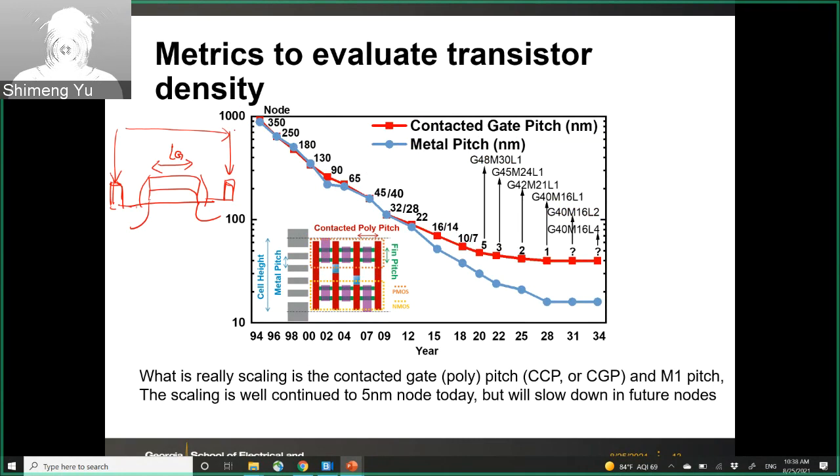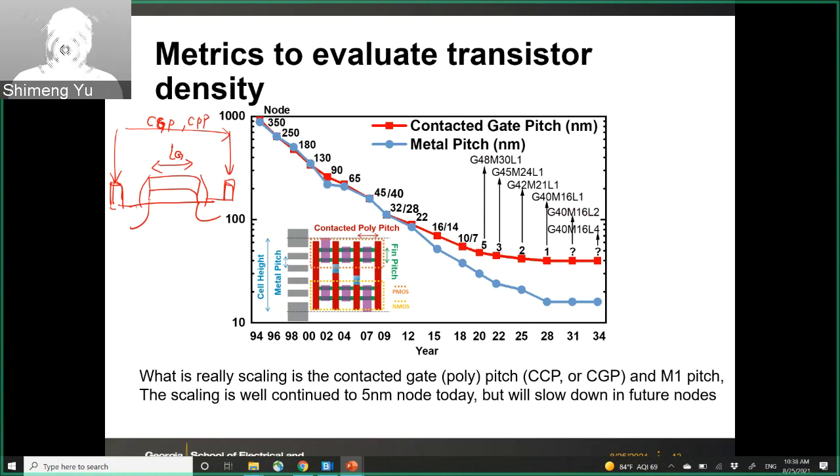This is called the contact gate pitch, CGP, or sometimes contact poly pitch, CPP, because historically the gate is made of polysilicon. So this is scaling, okay?